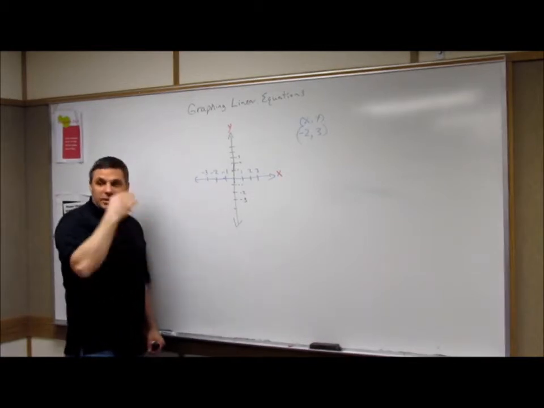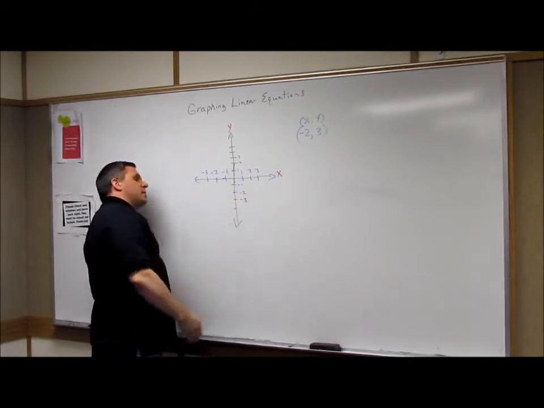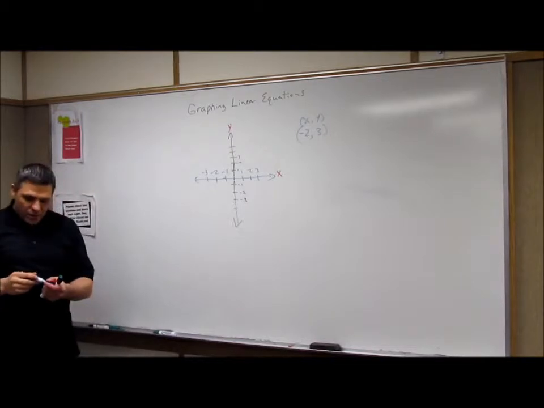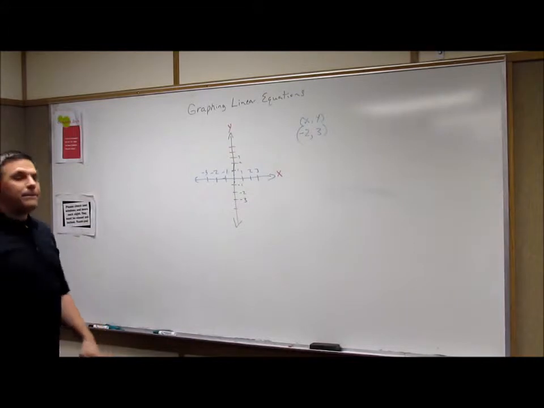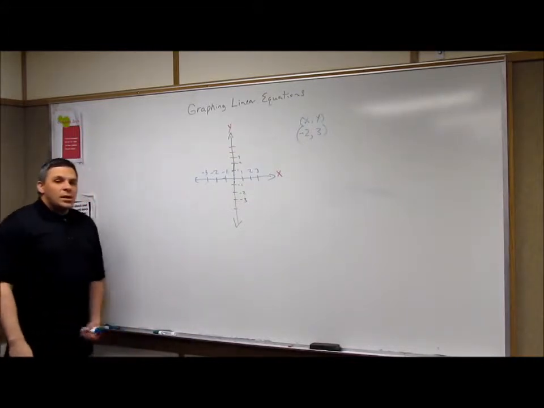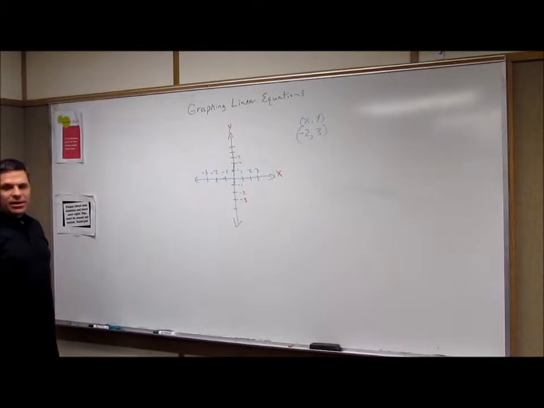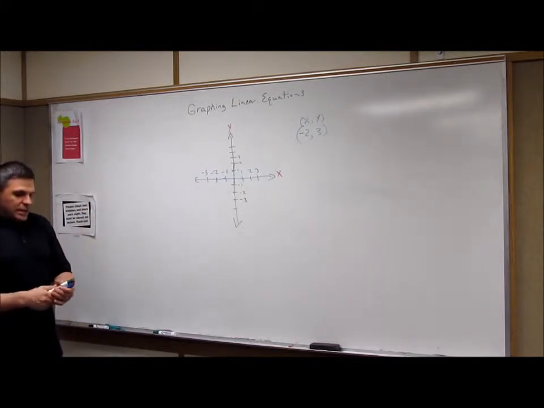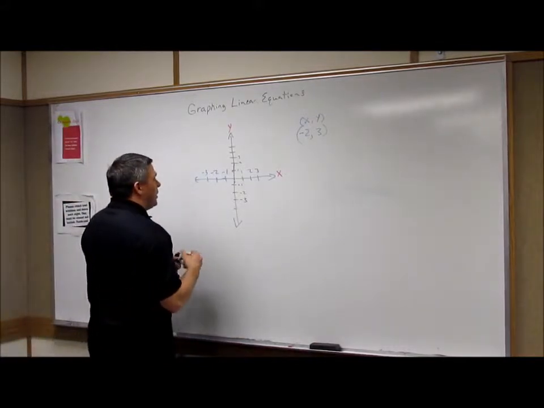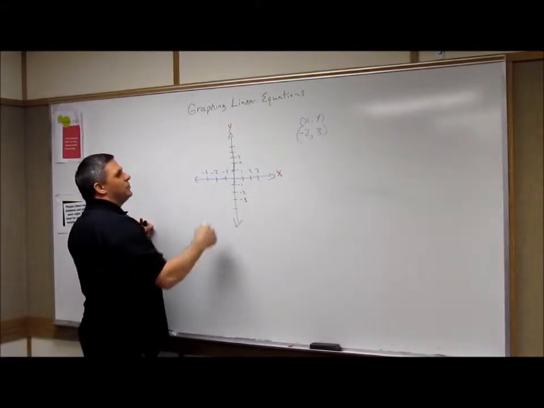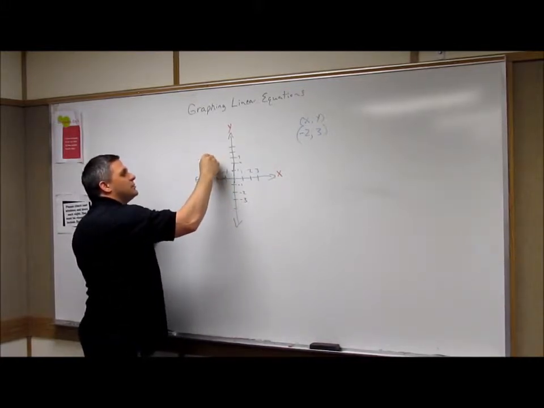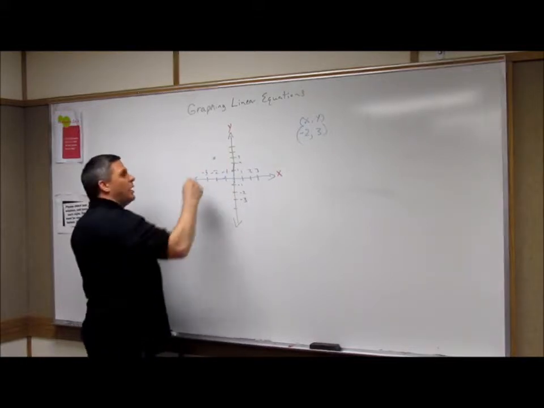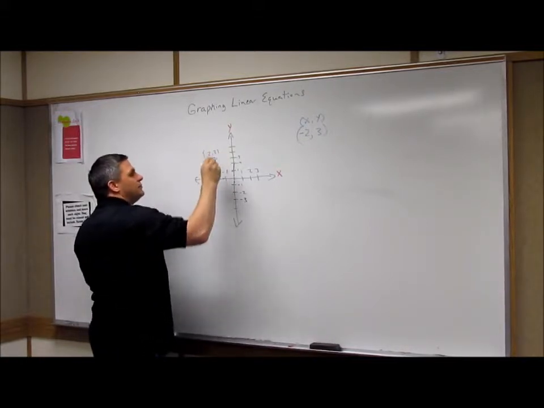So we're talking horizontal for x, vertical for y, or right and left for x, up and down for y. With that in mind, we graph (-2, 3). Since it's written in blue, I'm going to graph it in blue. It would be negative 2 and 3, so it would be up here, and that would be (-2, 3).